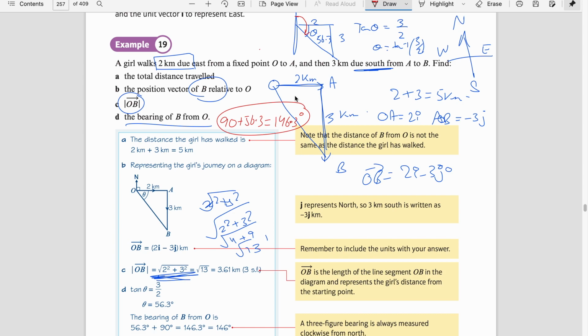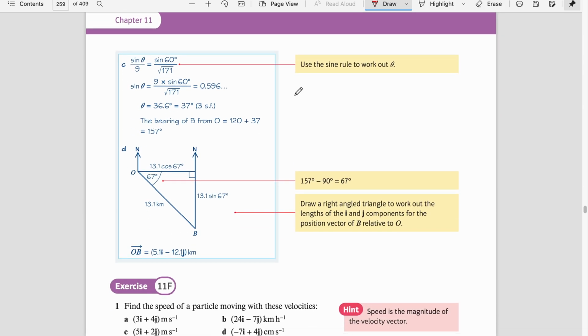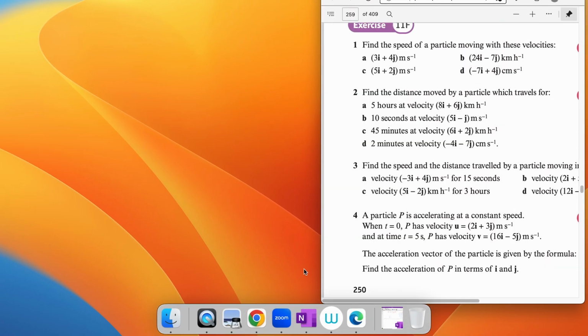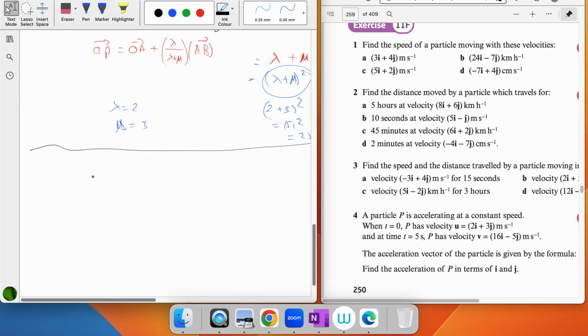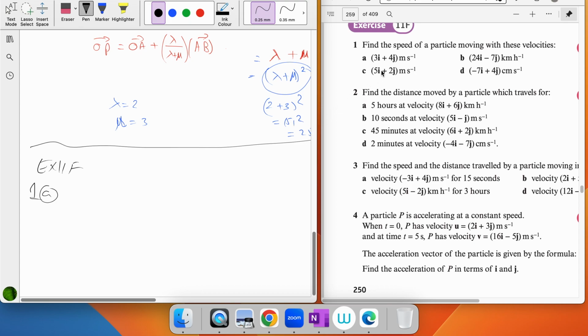So this is modeling of vectors. And let's come to a few questions. Exercise 11F. Find the speed of the particle moving with these velocities. So we have exercise 11F, question number 1A. Now you know this is 3i plus 4j.